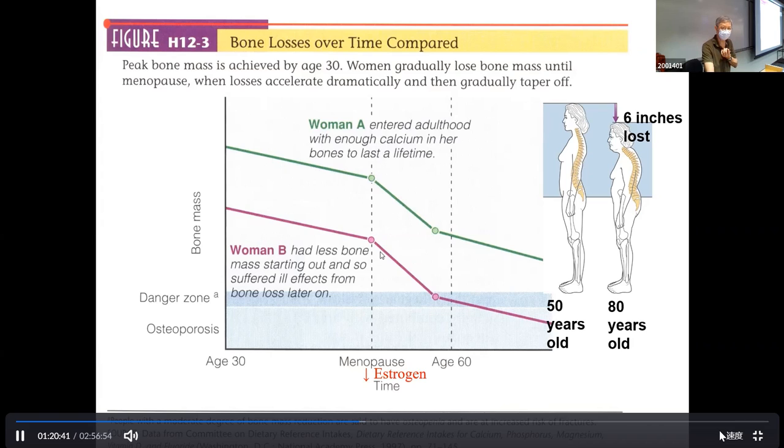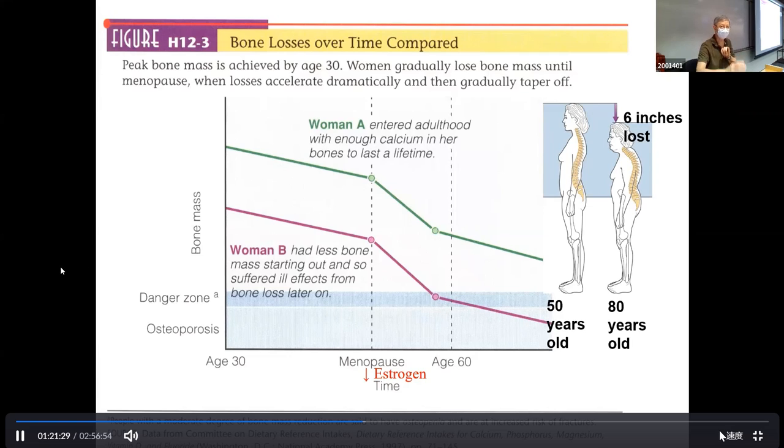And then at menopause, which is a decrease in estrogen, because estrogen plays a very important role, the speed of losing bone increases for both of them. So woman B will hit the critical point much sooner than woman A. Woman A, who starts out with more bone mass, will have maybe another 10, 20 years before she hits this critical point, whereas the woman with less bone mass will hit this danger zone at an earlier age and therefore be at high risk of osteoporosis.